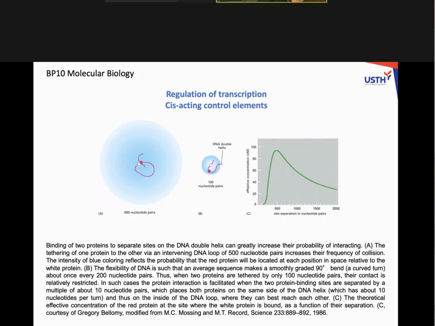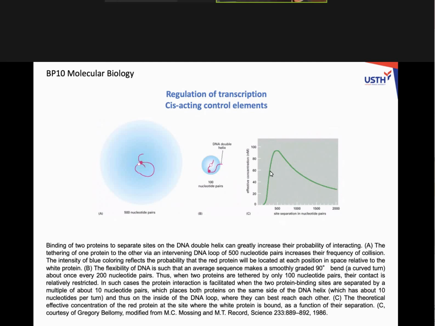But because they are going to be little by little farther away from each other, the probability is dropping a little bit. The more you separate them, the less probability you have of contact. Okay, so that makes sense.